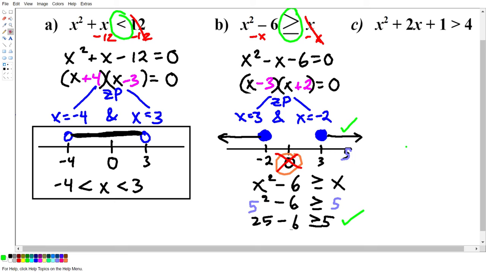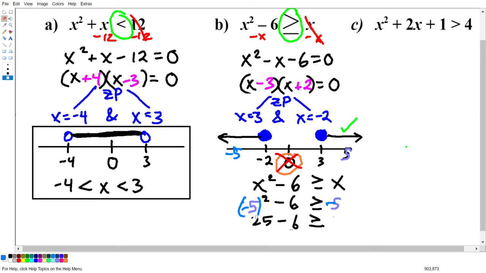I'm pretty sure it will be a solution, but let's try plugging in -5.